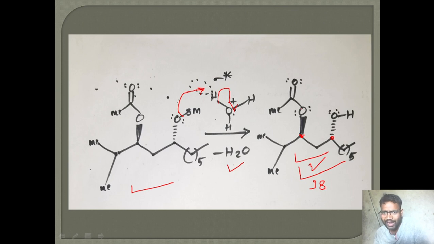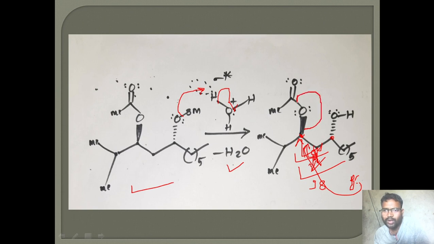Now if you add basic conditions, this base will take the proton, this carbon hydrogen bond will break, and there is a formation of a new pi bond, and the leaving group will leave the reaction.